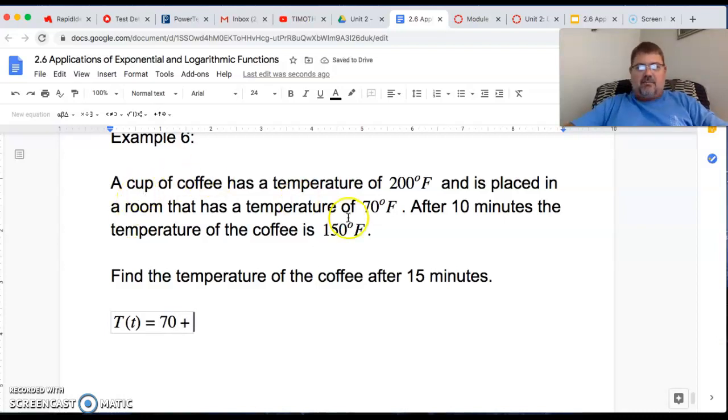From the text we know d sub 0 is 200 minus 70, so we're going to call that 130. Now we have e raised to the negative kt, we don't know the constant. That's what we know so far, and that's not a bad start.